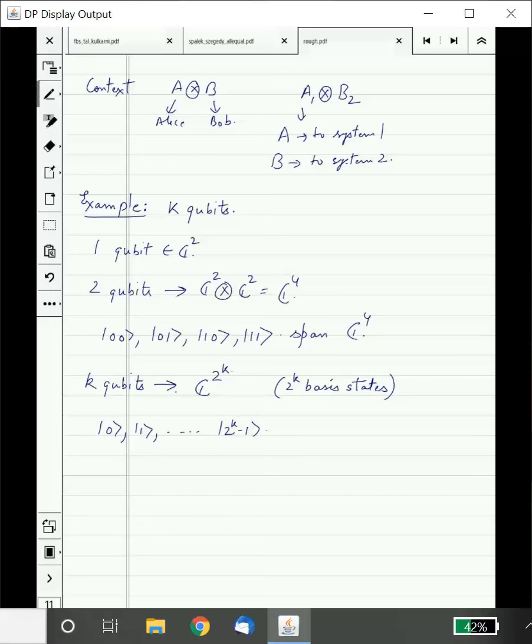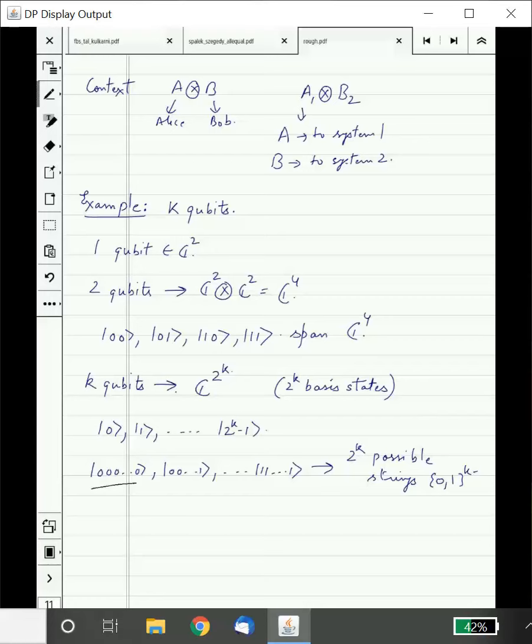In most of the cases, when there are k qubits, we would prefer to write our basis in terms of k length strings. You can easily check that these are 2 to the k possible strings. They are elements of {0,1} to the k. For each of them, I define a basis state.